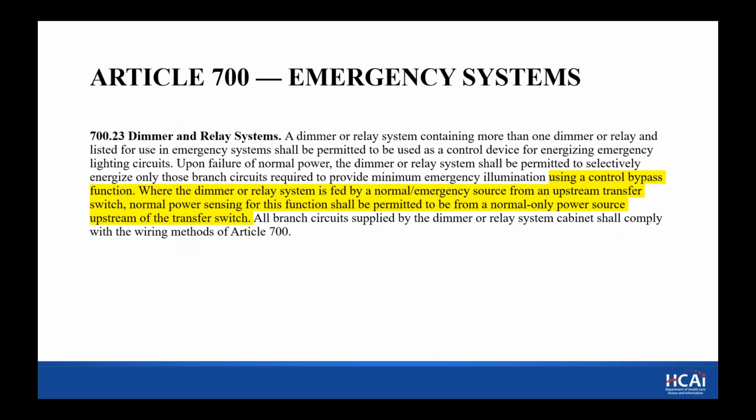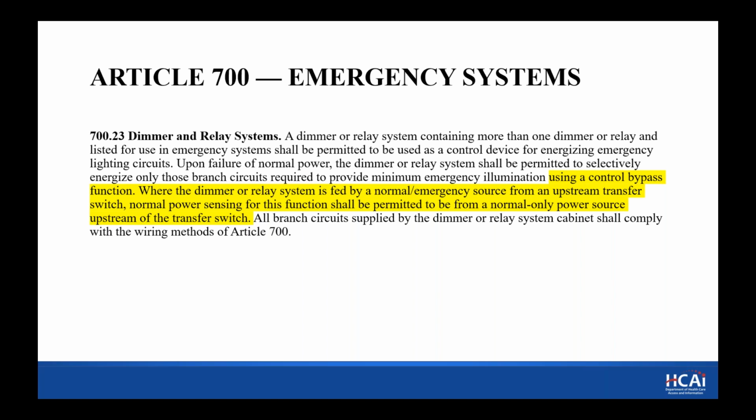Article 700, dimmer relay systems. Essentially, this is talking about emergency power. You can't turn off completely emergency lights or the life safety branch lights for exiting. You can dim, and if you're sensing the normal source and then returning to full brightness, which is a requirement of 700, it talks about how to do the connection.